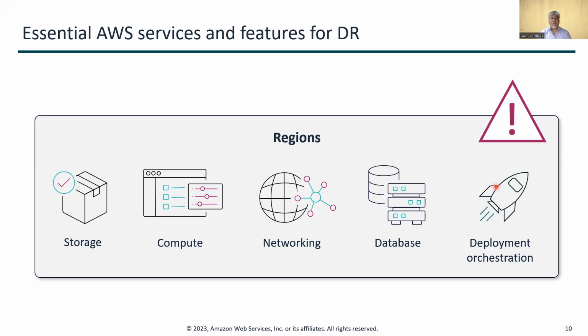But if you create your services manually through the console, then when something happens in one region and you have to move to another region, you do it manually and it takes time. So that's also why deployment orchestration is important.